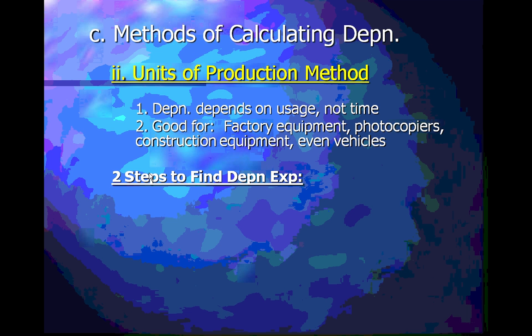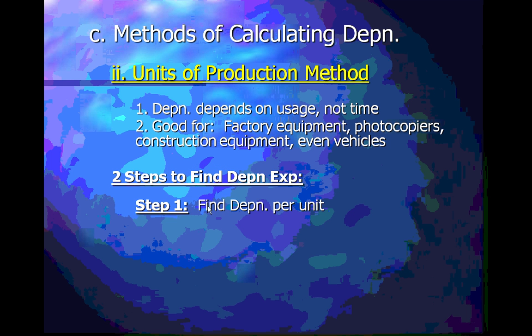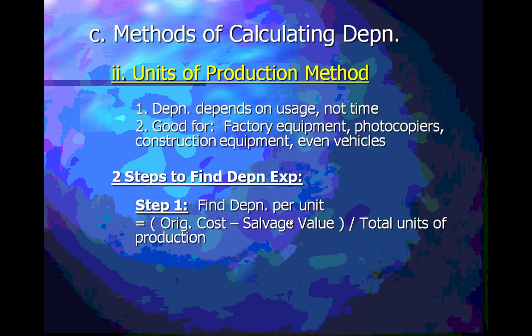Okay, two steps to find this depreciation expense here. First of all, find depreciation per unit. Actually, this is still the first step: take the original cost minus the salvage value, just like straight line depreciation. But this time, instead of dividing by years that you expect the asset to be in use, you divide by the total units of production that the asset is expected to provide.